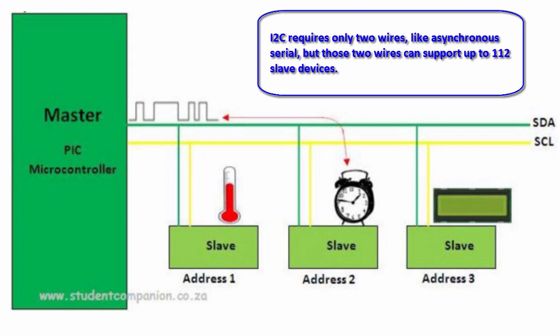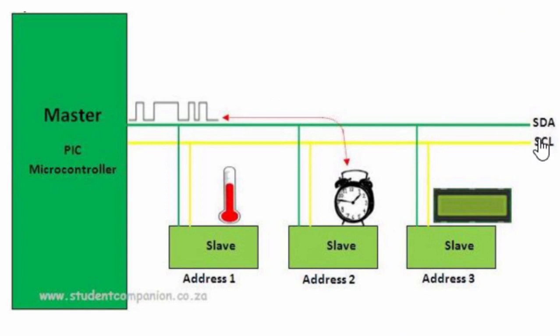So this can become very cumbersome in situations where lots of devices must be slaved to one master. With I2C, we don't have that problem because I2C requires only 2 lines, the data line and the clock line. Whether we've got one device or many devices on the lines, we're only going to need 2 lines.